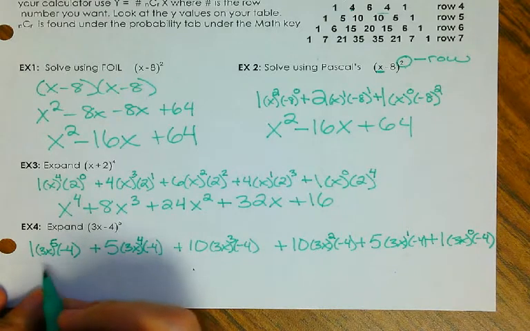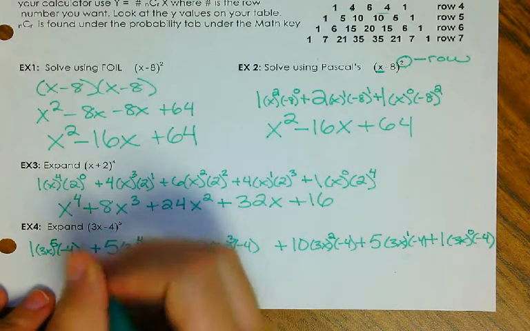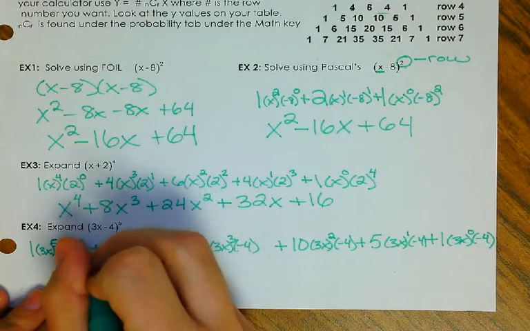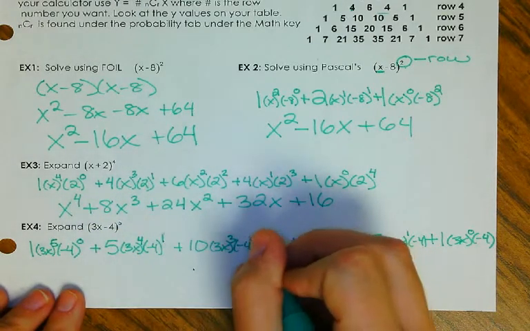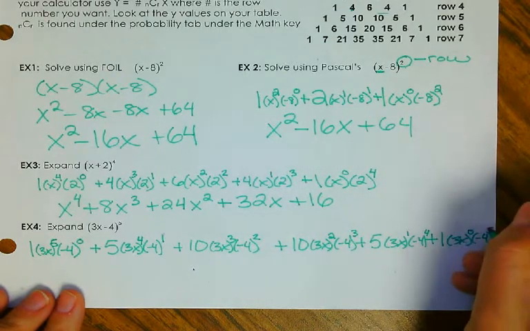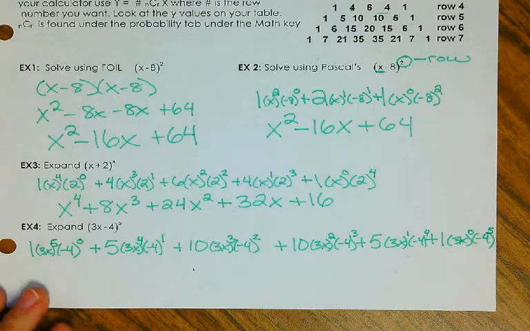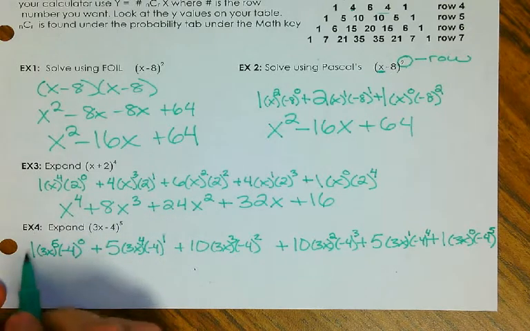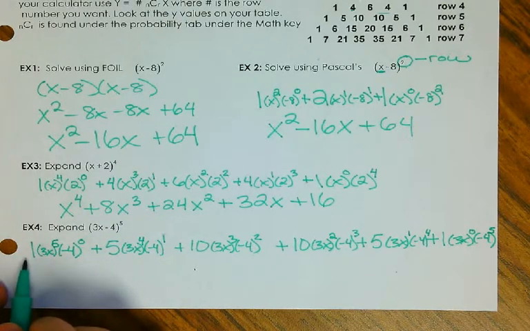So I'm just working with the 3x terms. Now you start at 0, count your way up. 0, 1, 2, 3, 4, 5. Now it's simplifying. Anything to the 0 is 1. So you've got 1 times this coefficient of 1.